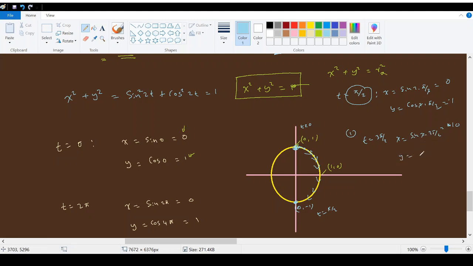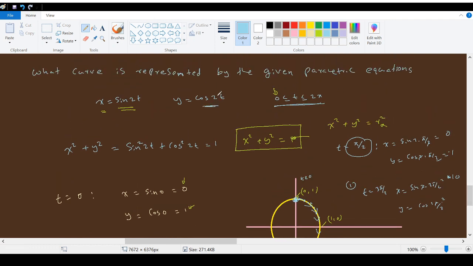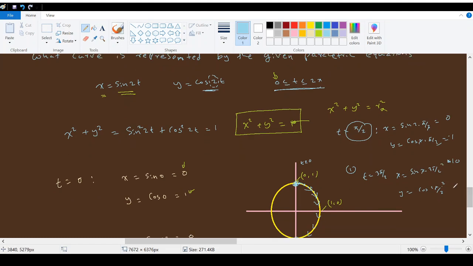And y will be cosine of 2 times 3 pi by 2, because originally you have y equals cos 2t, and don't forget this 2 in front. And this will be equal to negative 1.